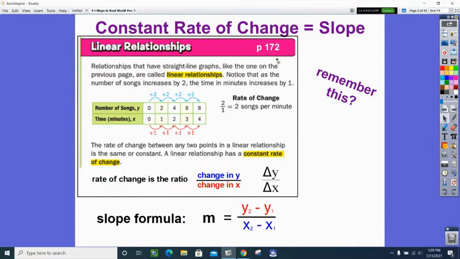So you might remember back on page 172, we talked about linear relationships. We talked about in a table, as long as that slope, which is the rise over the run, the change in y over change in x, stays the same from one point to another point, to another point, to a fourth point, to a fifth point, if that slope, which is change in y over change in x, 2 over 1, stays the same, then if you plotted these points, it would be linear.